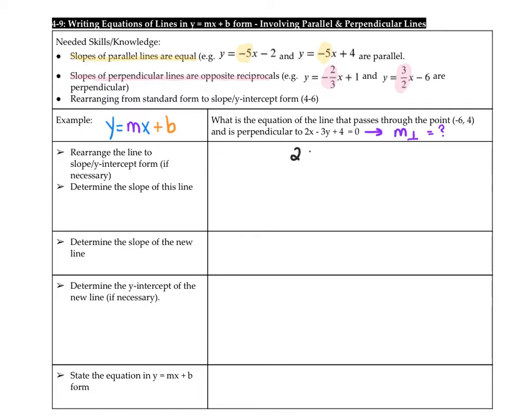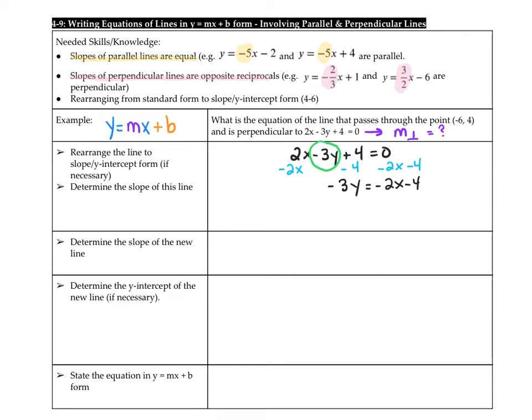So your equation is 2x minus 3y plus 4 equals 0. In order to isolate y, you keep the y term on its own, and you subtract 2x from both sides, and subtract 4 from both sides. Line up your equal signs: -3y still on the left, and on the right, -2x minus 4.